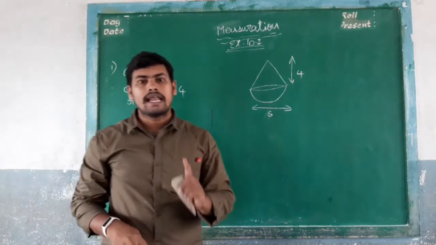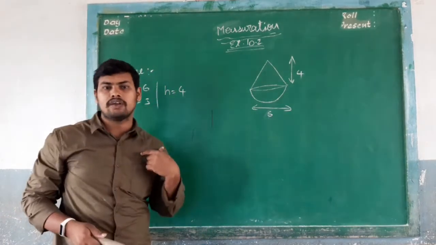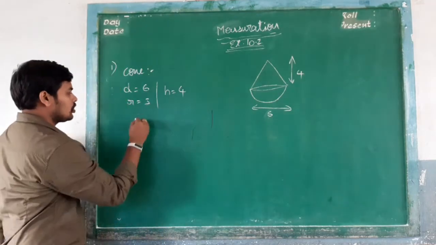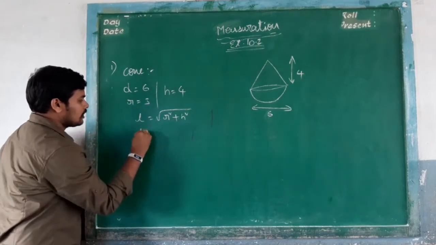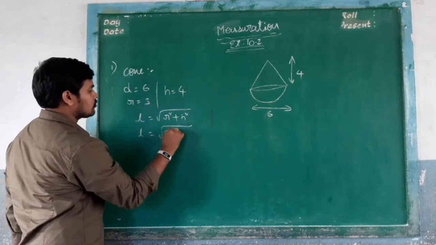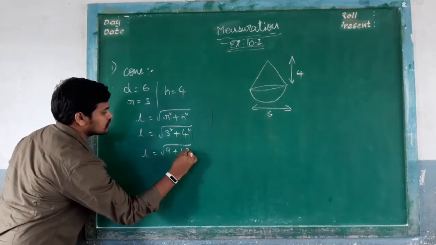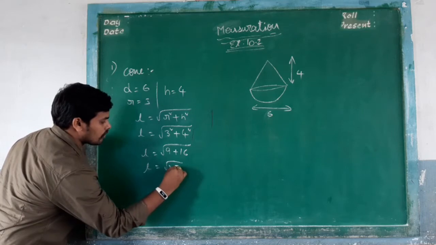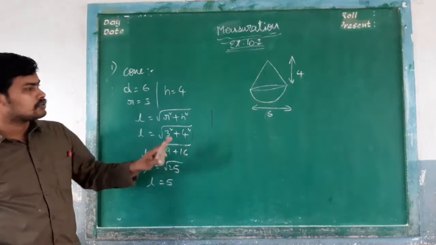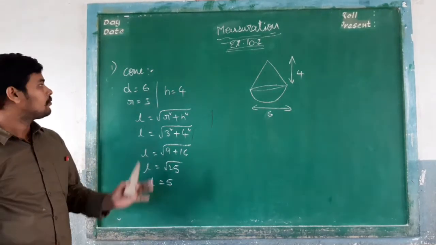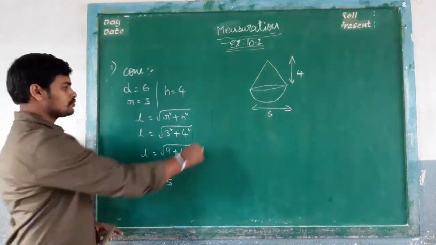We already know that the lateral surface area of the cone is pi r L. We don't know the value of L, so we have to find it. L equals root of r square plus h square, which is root of 3 square plus 4 square. L equals root of 9 plus 16, so L equals root 25, so L equals 5. In the same way, you calculate the lateral surface area of the cone, then the lateral surface area of the hemisphere.